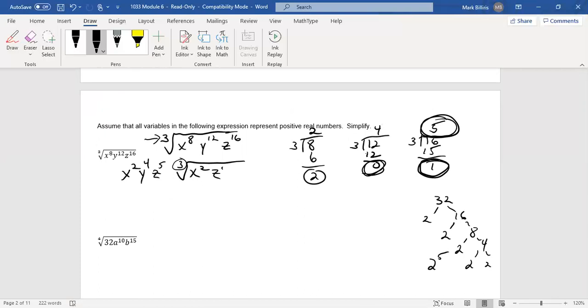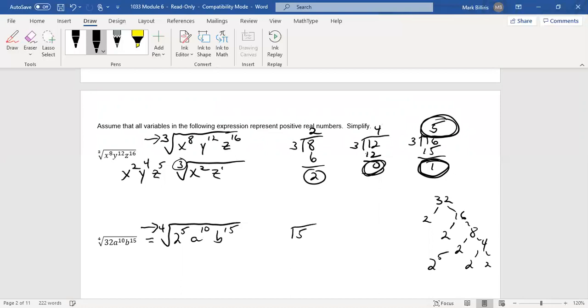So when I'm rewriting my expression, this becomes the fourth root of 2 to the 5th, because that's what 32 is, a to the 10th, b to the 15th. Now I do my division of exponents. 2 is raised to the 5th power, so I divide that by my index.